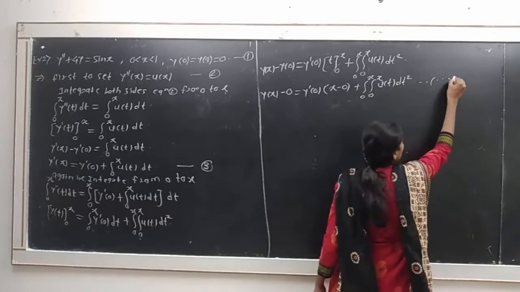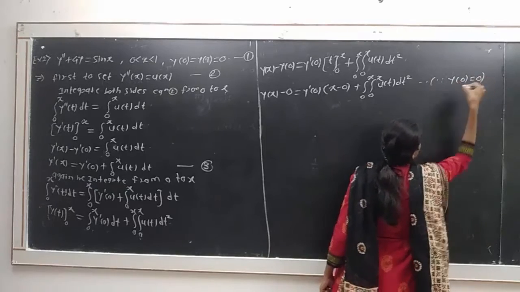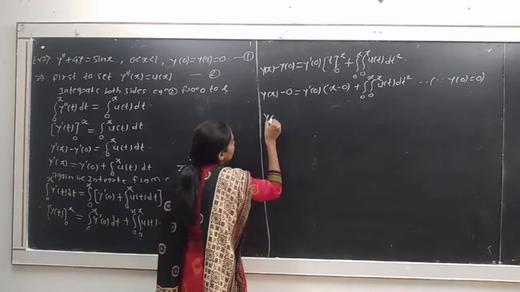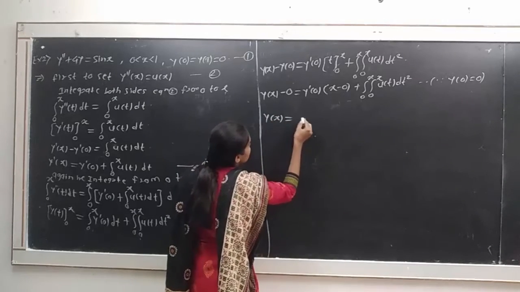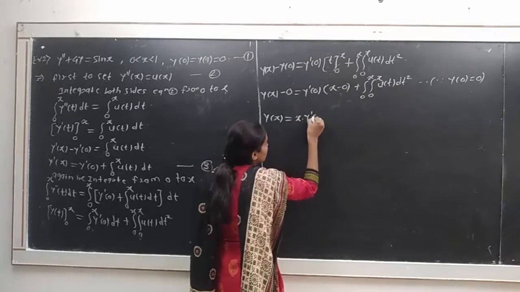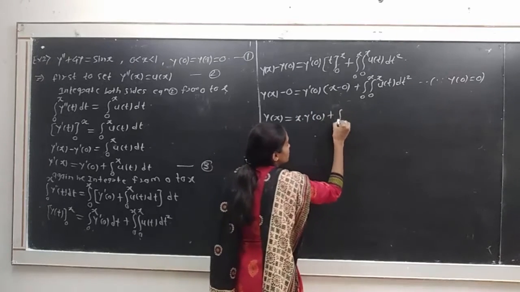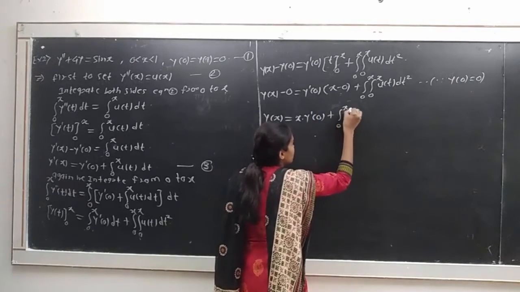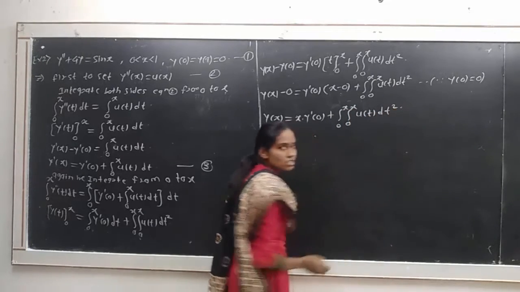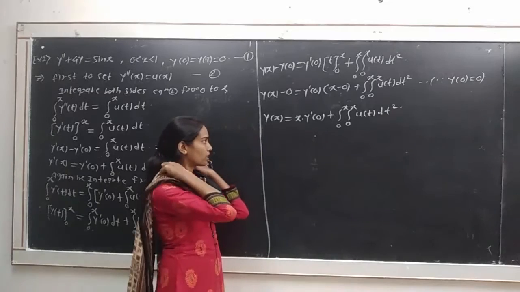Since we use y of 0 is equal to 0, we get y of x is equal to x minus 0, that is x into y dash of 0, plus this double integral from 0 to x of u of t dt square.